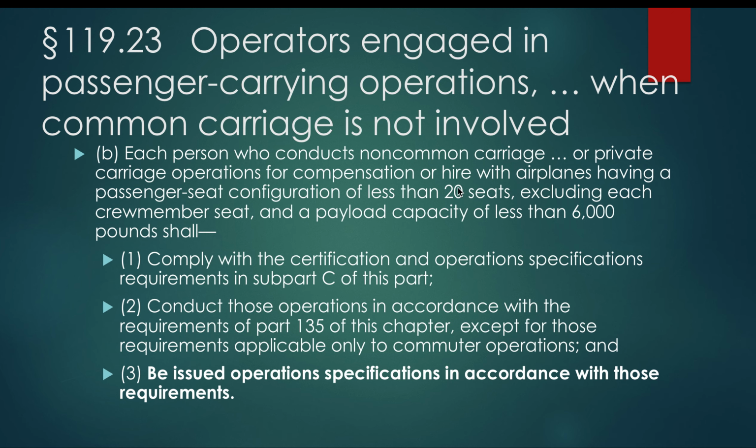If you're going to fly with less than 20 seats, but you're flying for private carriage, you have to comply with the certification and operations specifications requirements of subpart C. So you have to have a commercial certificate and you have to have an air carrier certificate. And you either need to do Part 135, which is be certified as a charter, except for only those commuter operations. That's your 121 stuff. And then basically, here's what I put down here for you.